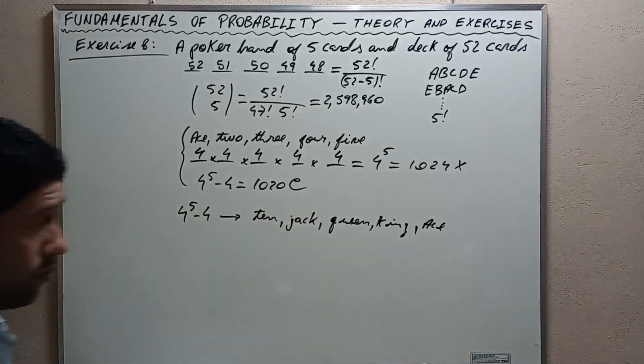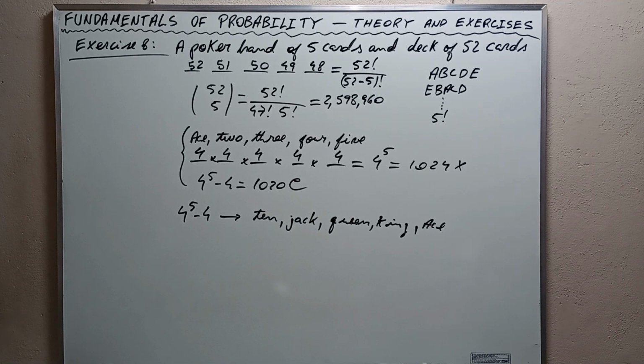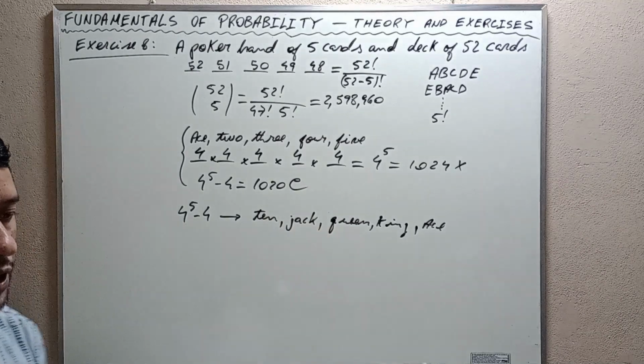Okay, this is a possible straight. Okay, provided that they are of distinct consecutive values, this can be considered a straight.